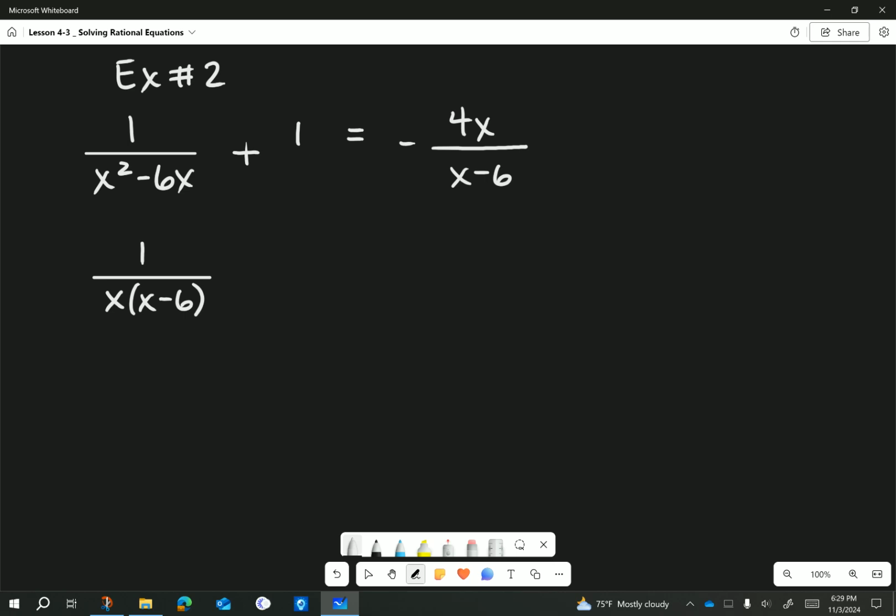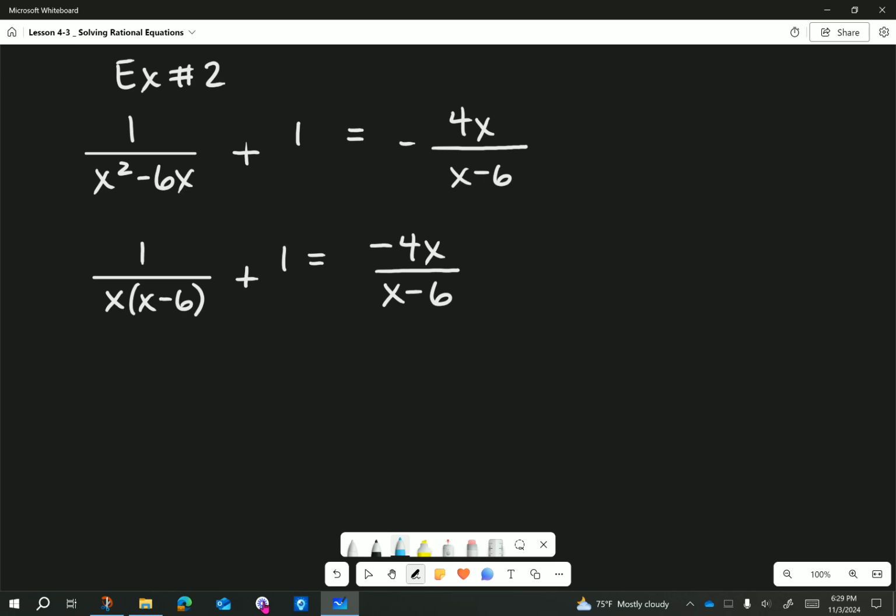X times x is x squared, and x times 6 is 6x. The 1 is as simple as it can get. I'm going to put that negative with the 4x. You can choose where you want to put it, with the numerator or the denominator. I'm going to put it with the negative 4 upstairs, and that cannot be factored either, as well as the x minus 6. So we're done with step number 1.